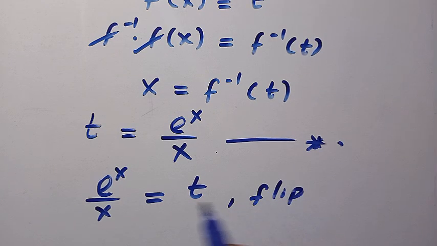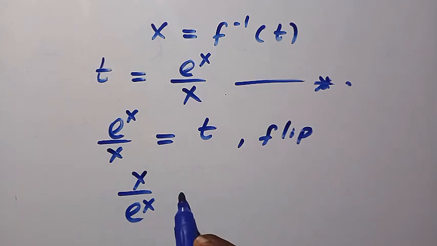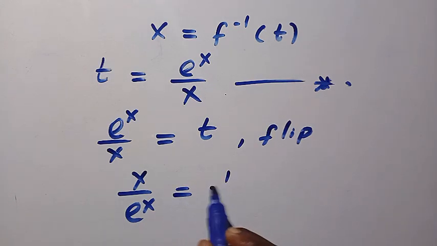Let's say I flip this. We are going to have x divided by e to the power of x equals 1 divided by t.